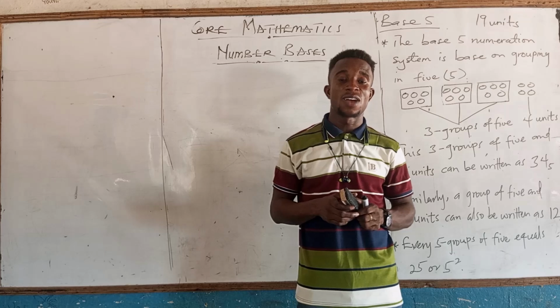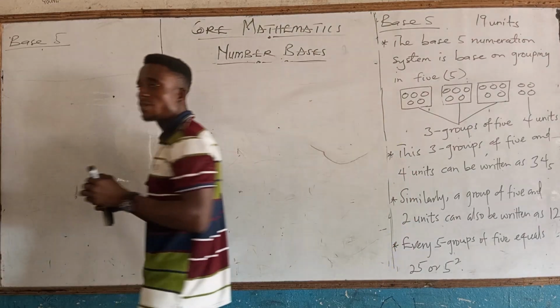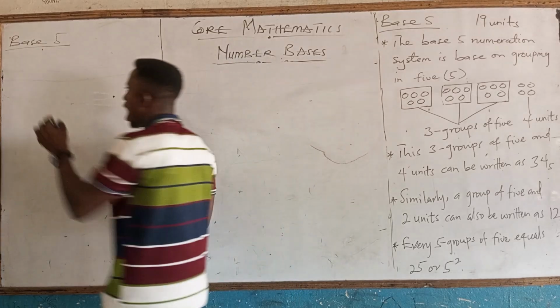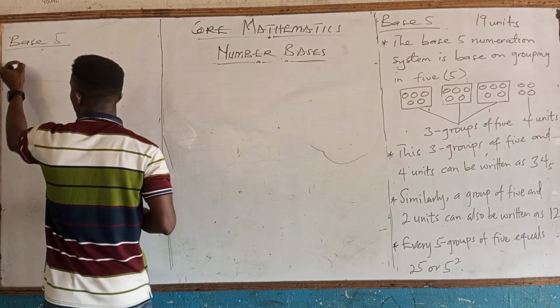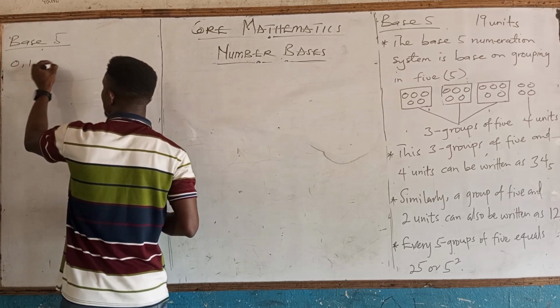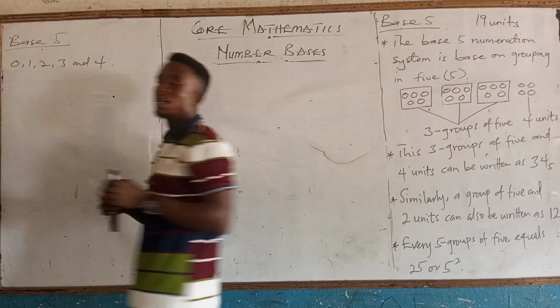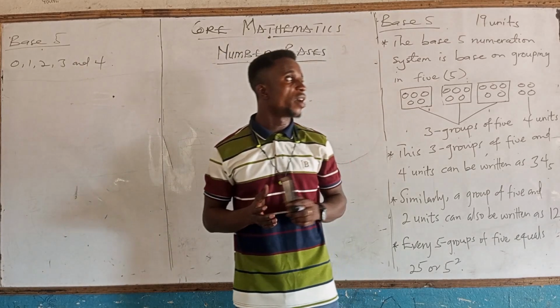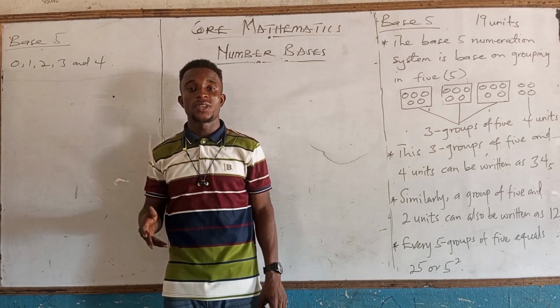We came to base 5. So let's quickly take base 5. Under base 5, we use the digits 0, 1, 2, 3, and 4 in forming the base 5 numerals. We use these particular digits in forming the base 5. Are we getting that?